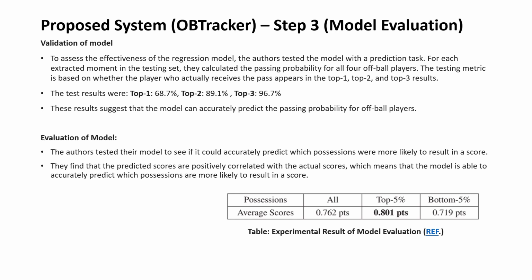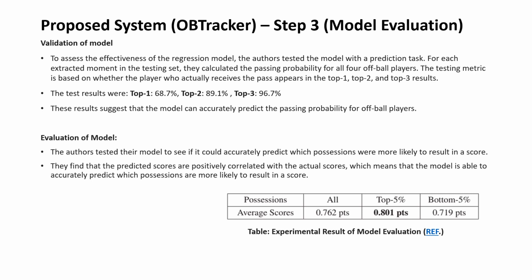Now, the result is tested if it comes under the top 1, top 2 or top 3 results. According to the final result, the number of outputs which come under the top 3 results is 96.7%, which suggests that the model can accurately predict the passing probability of off-ball players.